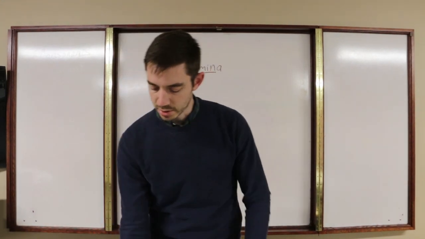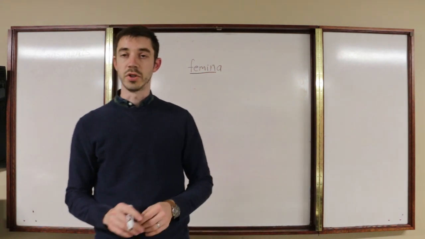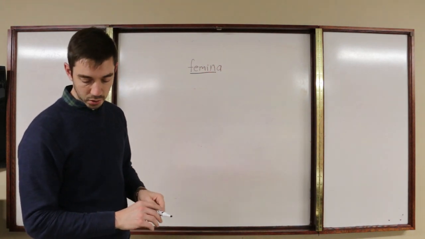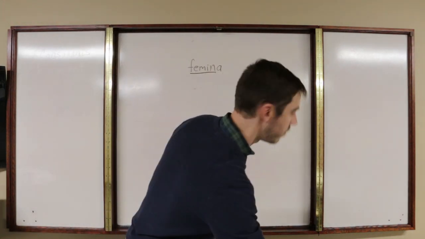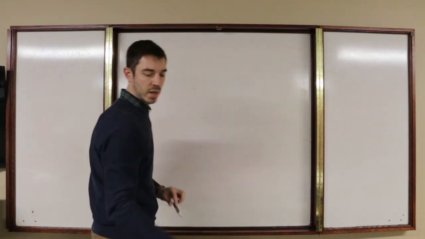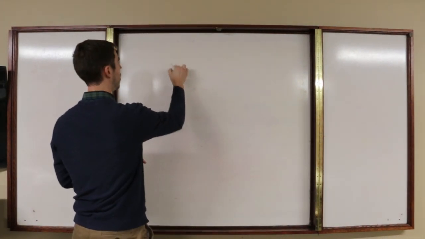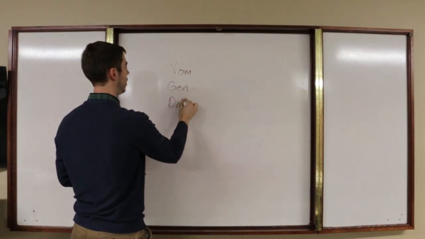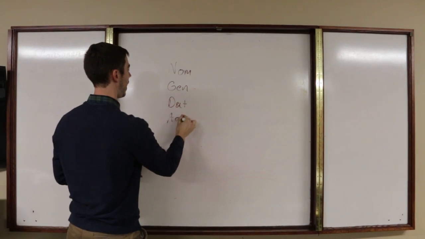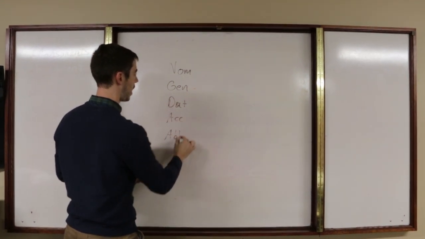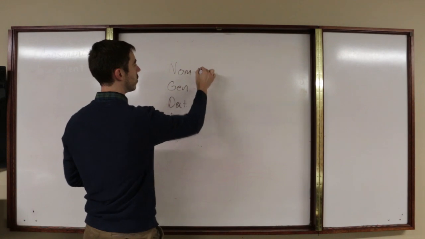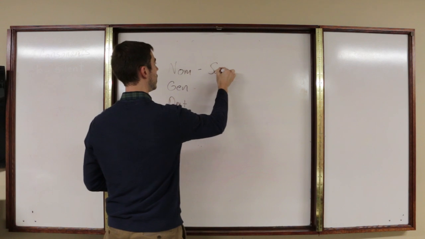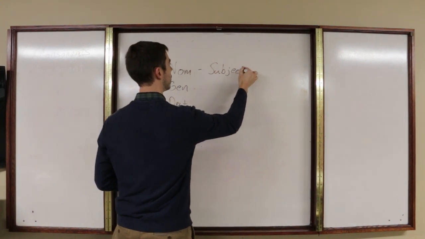We talked last time about all the different jobs that nouns can do in a sentence, so let's review those for a minute. Remember the 5 cases are nom, gen, dat, acc, abl. The nominative case is the subject of the sentence.